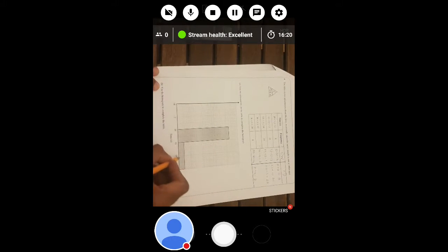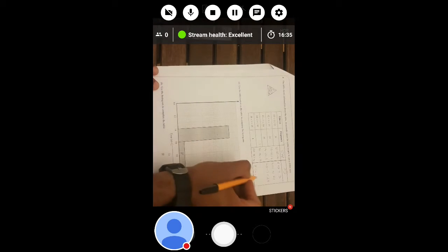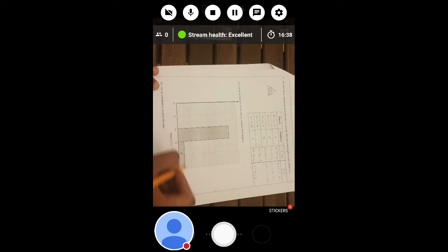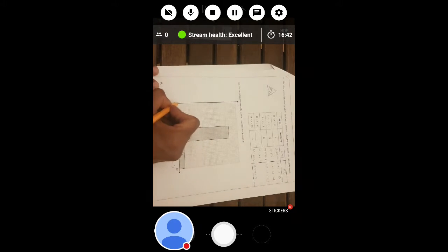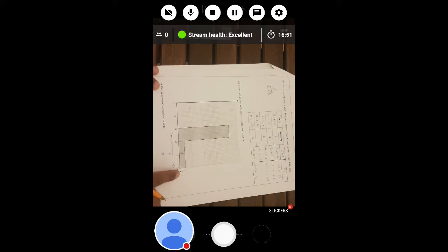The area of this rectangle is 8. The width is 4. So you do 8 divided by 4, which is 2, which we've done here already. So we know that 4 little squares up is 2. This height represents the frequency density, which is 2.